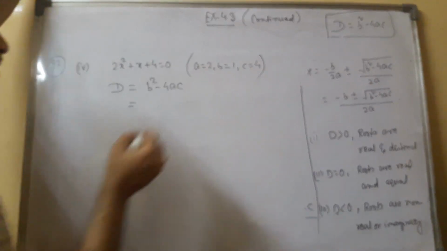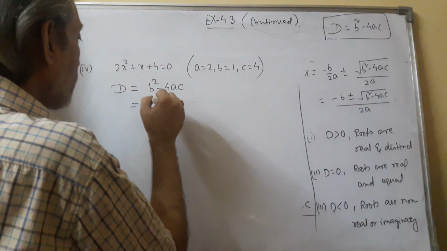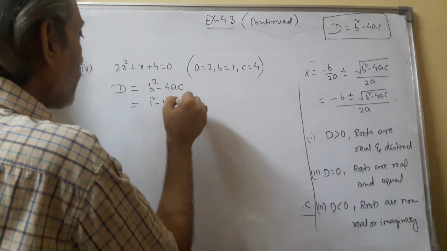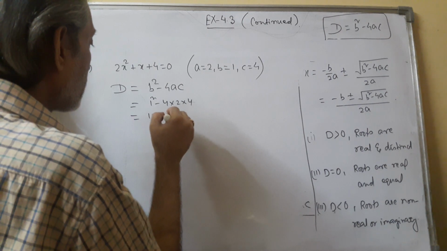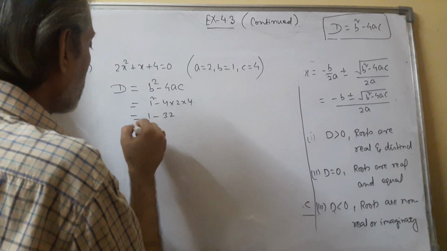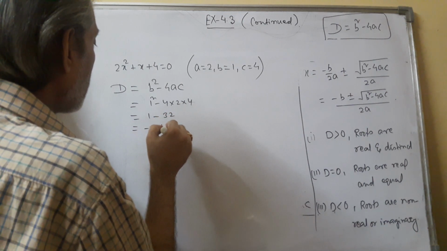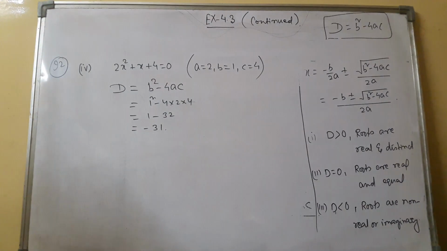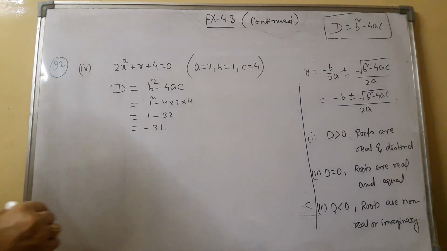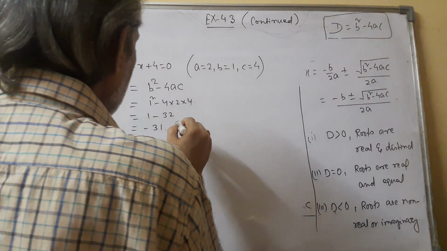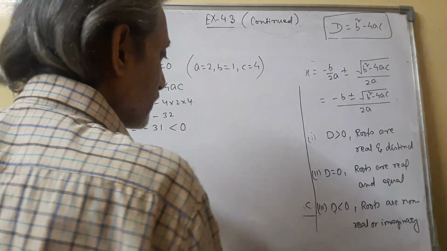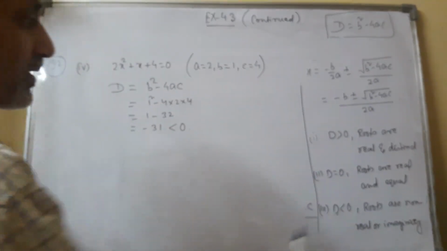A, B, C. Now put it here. b square minus 4ac. 1 minus 32, we are getting minus 31. So we are getting a negative value. D is less than 0, and therefore this condition applies.